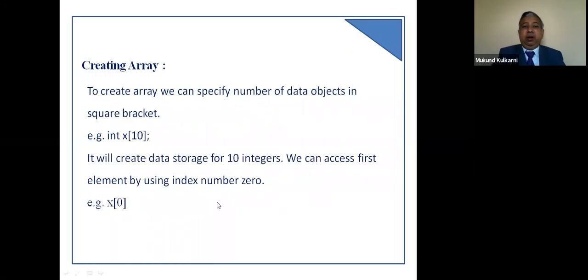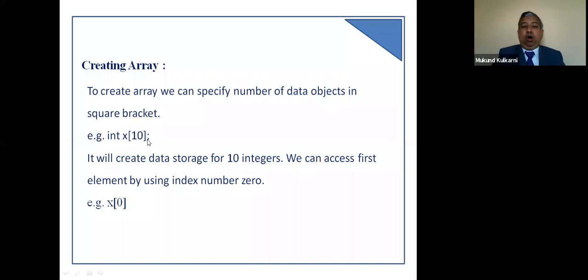Let us look at how to create array by using C programming. To create array, we can specify number of data objects in square bracket. For example, int x in square bracket 10. Here x is array name and 10 are number of data objects inside it.